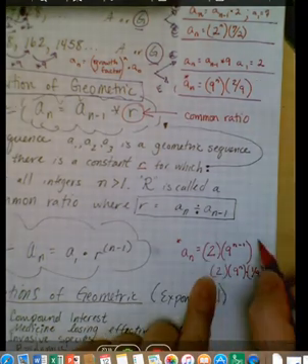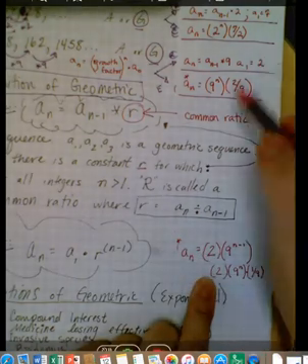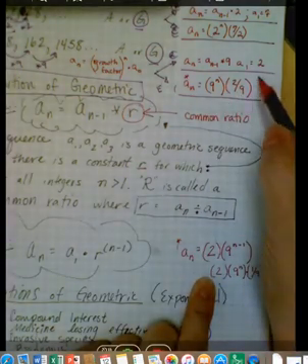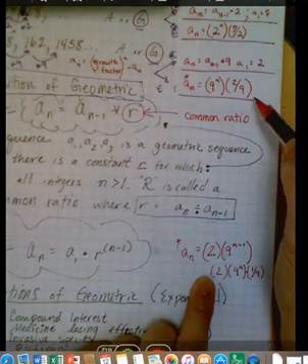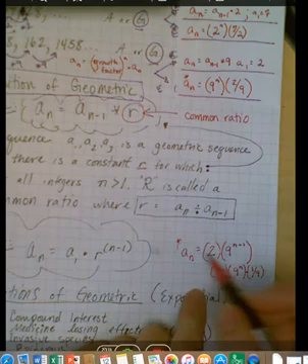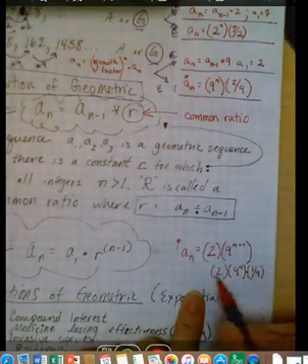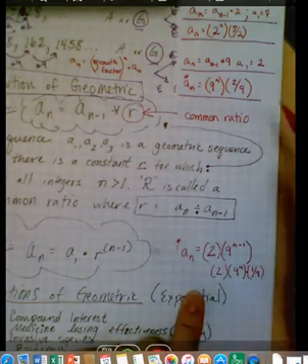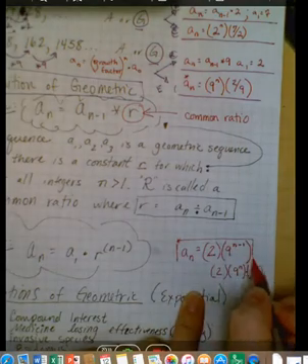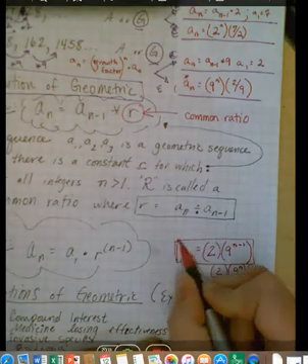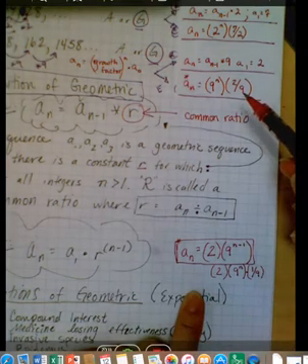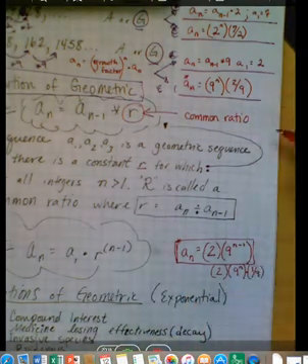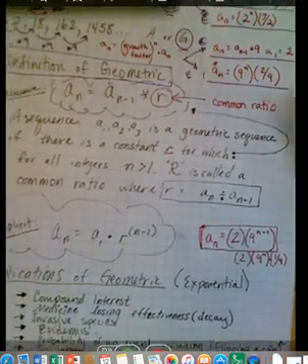So you can see that this explicit equation creates equivalent outputs to this equation because these two equations are equivalent. Okay, you don't need to simplify this out. I was just demonstrating to you that these two are indeed equal and that this can be easier when I know the a sub 1 than going back and trying to figure out the a sub 0. So both of them work to help us write explicit equations for geometric sequences.